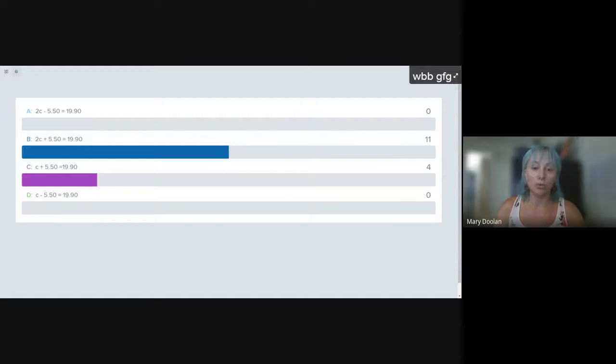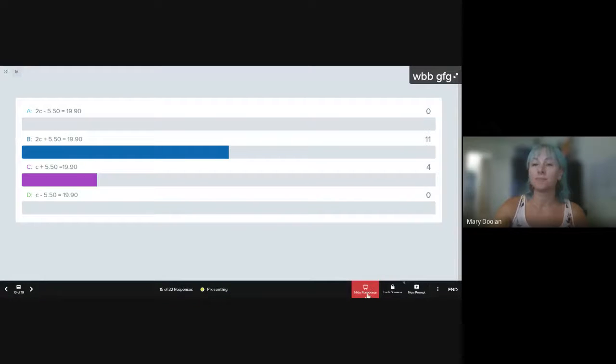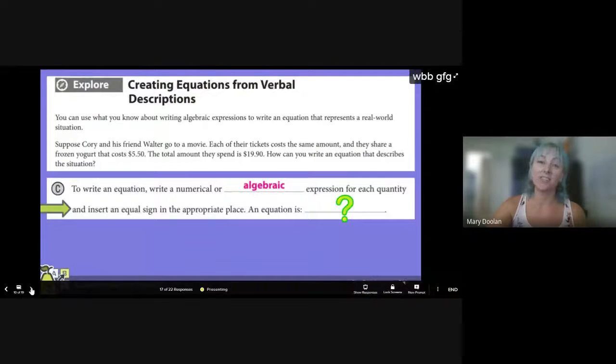There's two friends. I'm sure you've been to the movies before. Can two friends use one ticket, or do we need two tickets? Yeah, so it's going to be B.